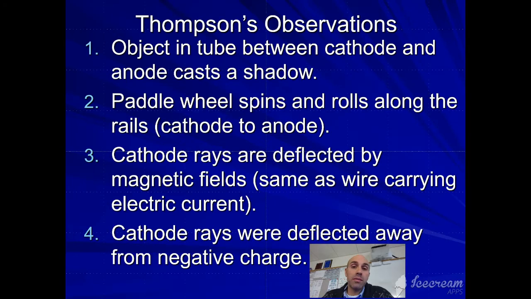We can make some observations. Now, J.J. Thomson also used different cathode ray tubes or different Crookes tubes to make different observations and draw a couple different conclusions. So let's take a look one by one at his observations, and I'll explain to you what tubes these came from. The first observation he made was that the object in a tube casts a shadow.